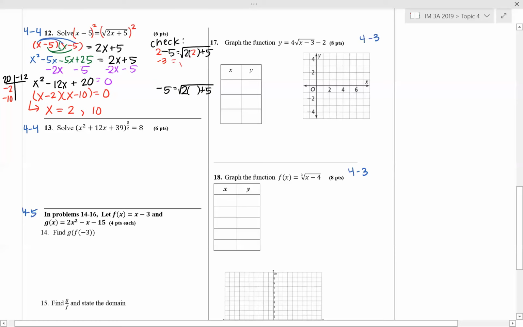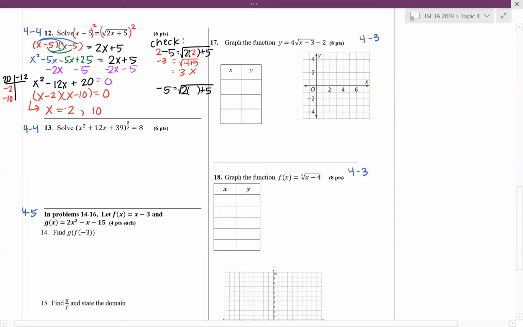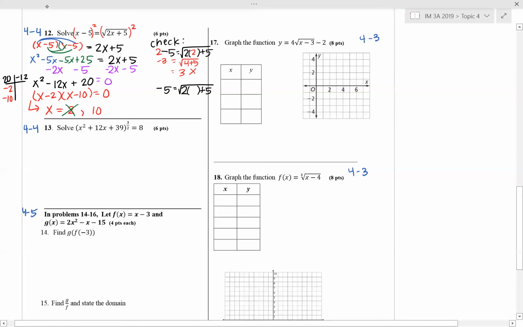The square root of 4 plus 5 is the square root of 9, so that's positive 3. So notice that negative 3 is not the same as positive 3, so 2 is not an answer. Hopefully 10 is an answer. If it's not, then we have no solution.